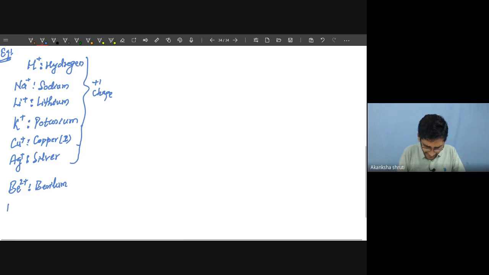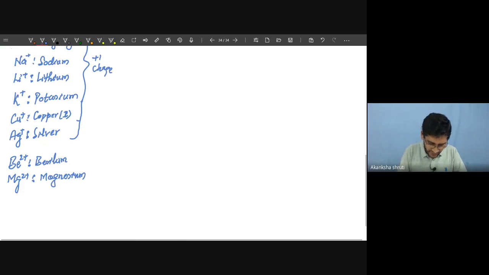Another, magnesium that we had written, Mg, also exists with the 2 unit positive charge. So this is our magnesium. So this charge over the atoms has to be kept in mind. This is important for writing the molecular formula.